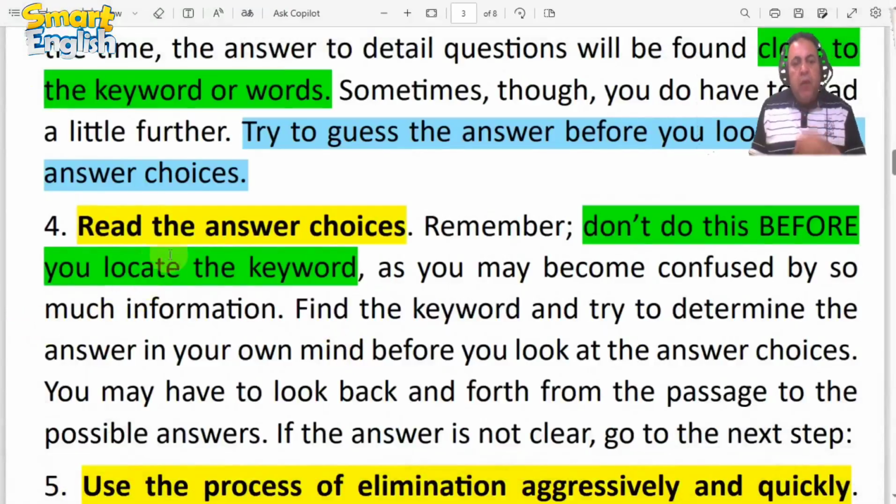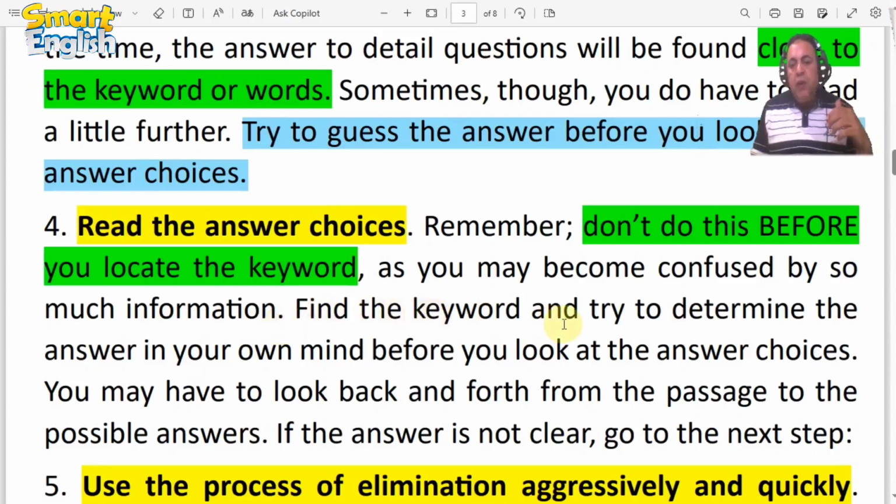Number 4, read the answer choices, okay? Read the four choices. Remember, do not do this before you locate the keyword, okay? As we said before, you don't have to look at the four choices before you locate the keywords in the paragraph or the passage, okay? As you may become confused by so much information, okay?